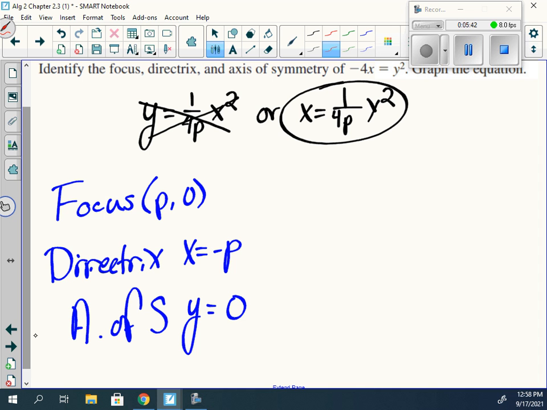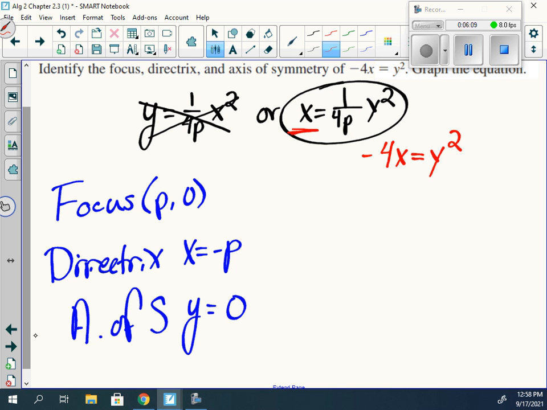And to do that, we're going to be manipulating this equation here, the negative 4x equals y squared. Well, one of the first things we're going to need to do is actually get this so it's in a similar form to our general equation, x is equal to 1 over 4p times y squared. In this here, the x is by itself, yes?